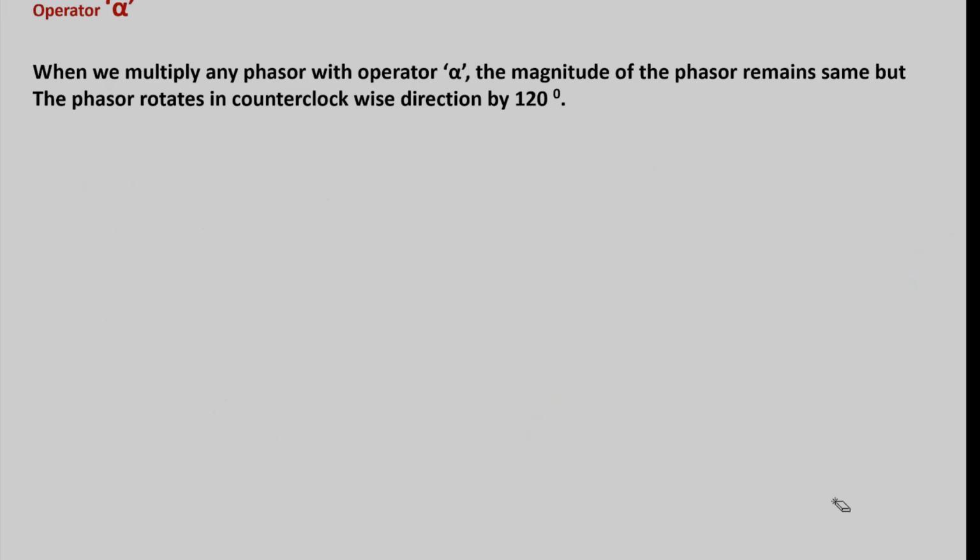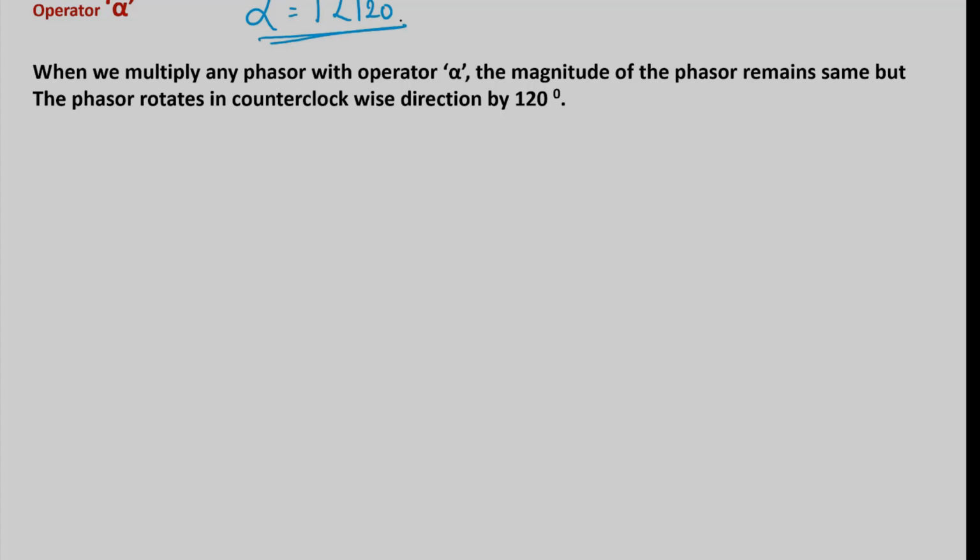Next we'll discuss operator alpha. Alpha is an operator. Alpha is equal to 1 at an angle of 120 degrees.